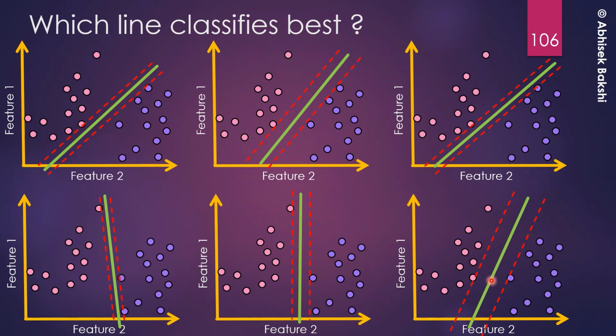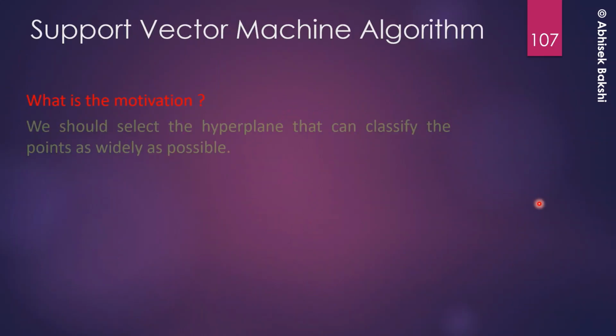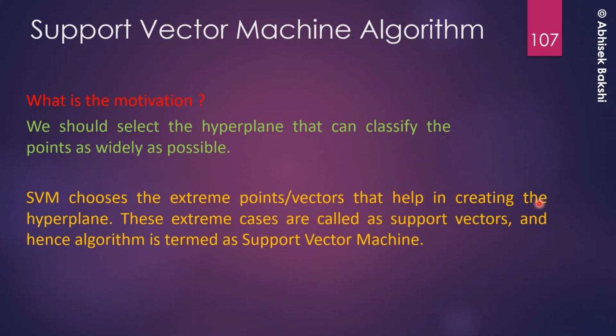So these two are vectors on support of which we are creating a pipe something like this, and that's why it is called support vector machine. I hope now this is clear.